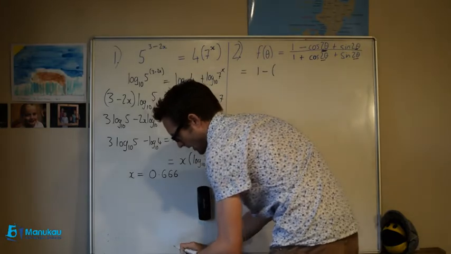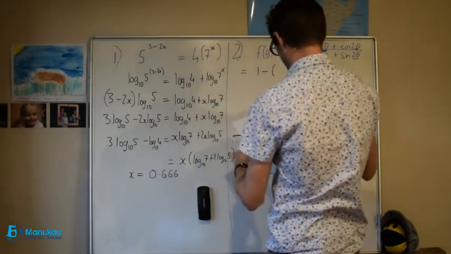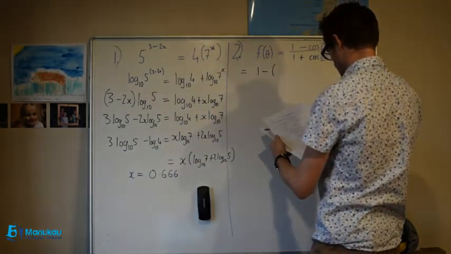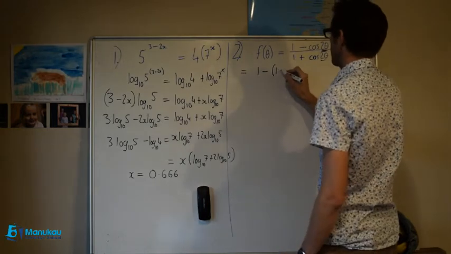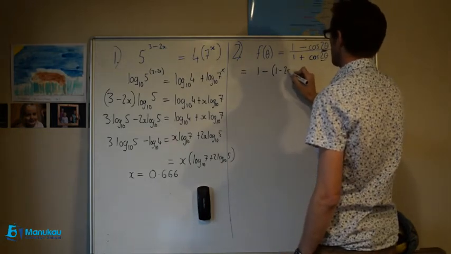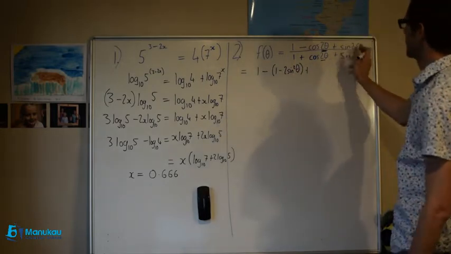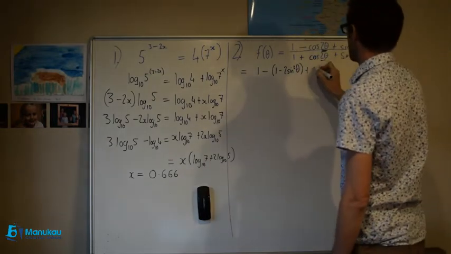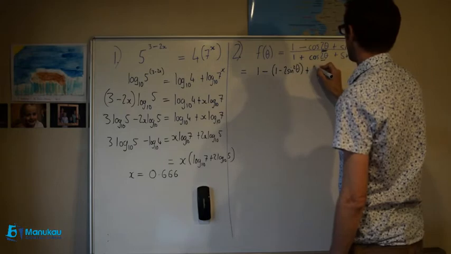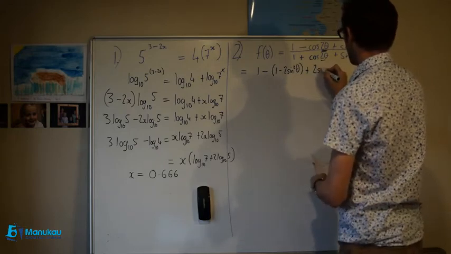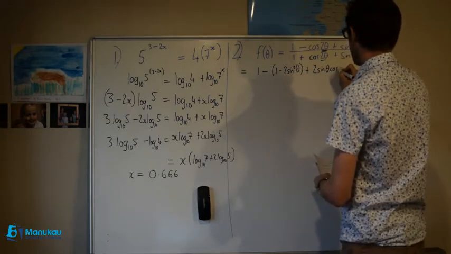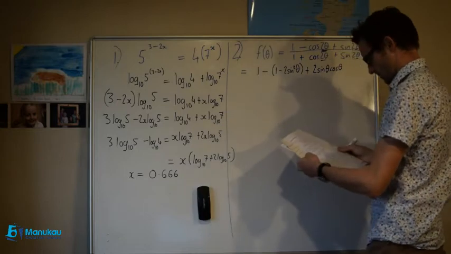I'm going to have a look at my double angle rule. It's 1 minus 2 sine squared theta. That's nice. And I know that sine 2 theta is equal to 2 sine theta cosine theta. Just check my rule for that one.